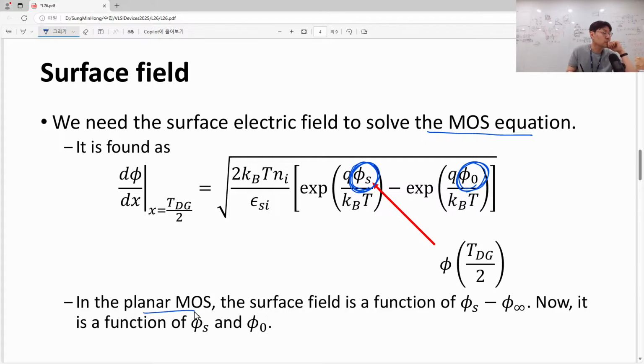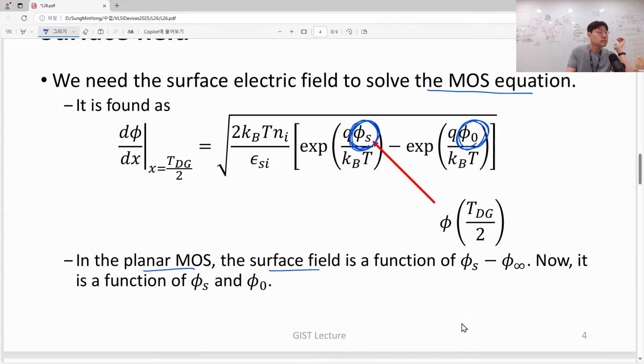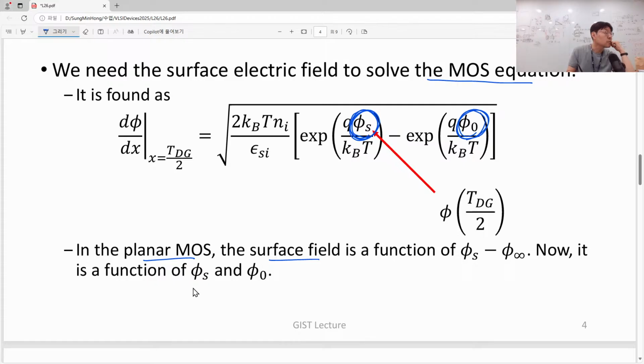In the planar MOSFET, the surface field was a function of just the difference between surface potential and the potential at the substrate. So we just took it as a surface potential and introduced some modifications in the coefficients. But now we just keep this convention. And now it is a function of surface potential and midpoint potential.